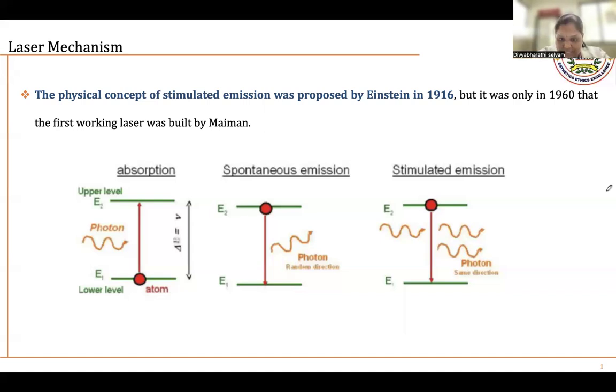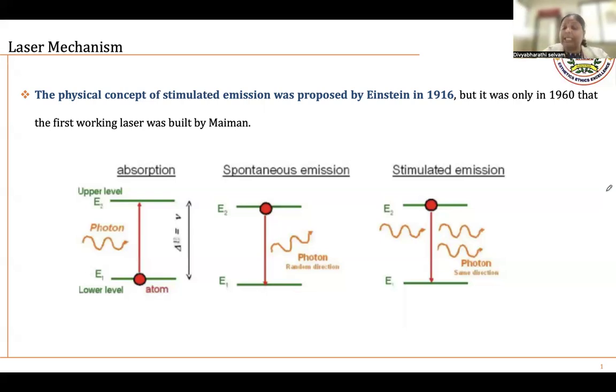In physics terms, an electron in an excited state will fall to a lower level because a photon of the same energy stimulated it. So it produces another photon exactly like the triggering photon. In a quick recap: absorption takes the energy and goes up, with no emission. Whereas in spontaneous emission, it releases the energy on its own when it jumps from the higher state to the lower state.